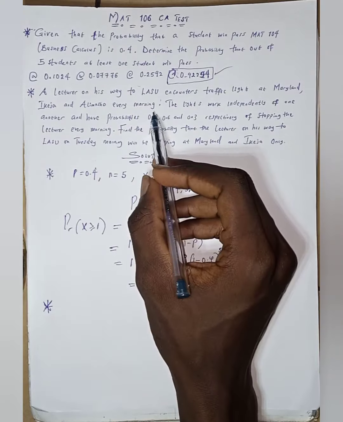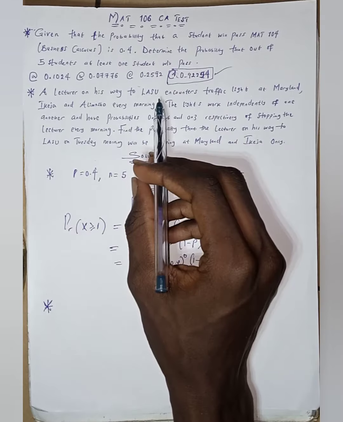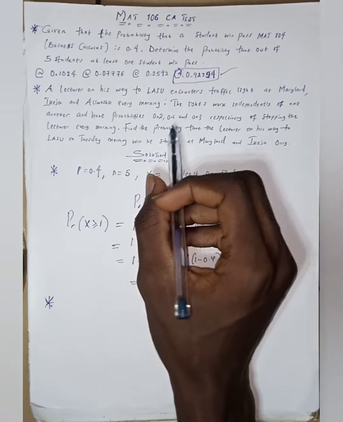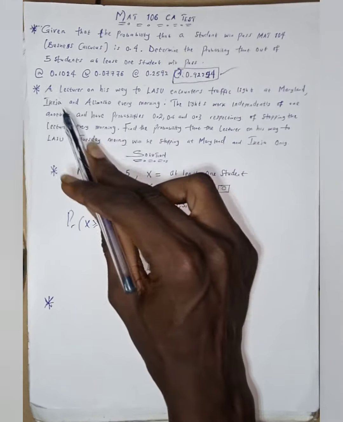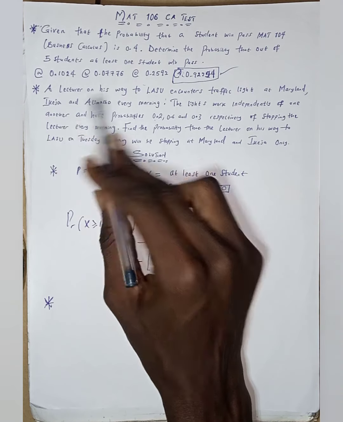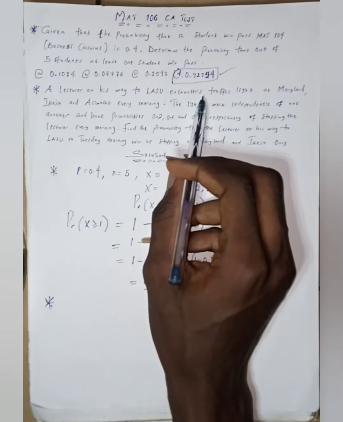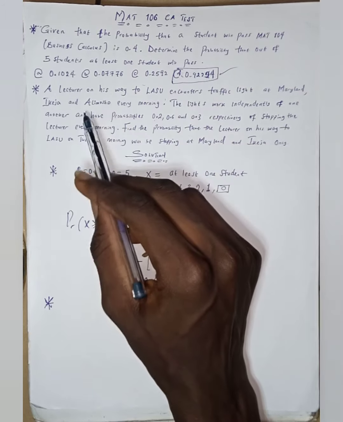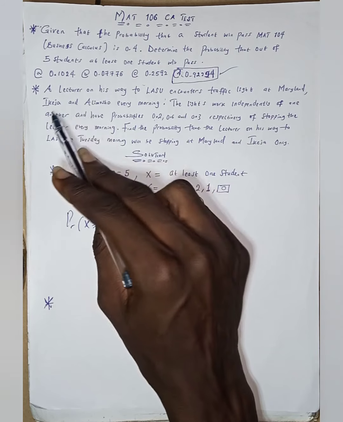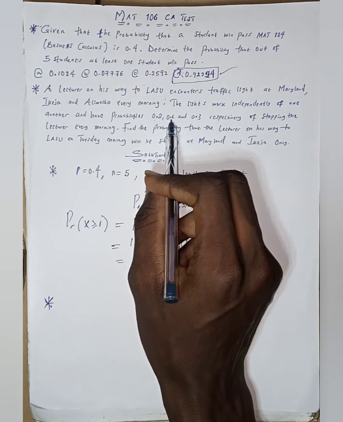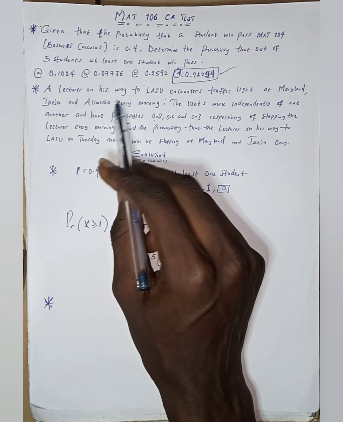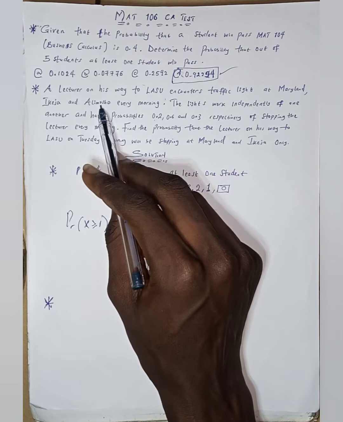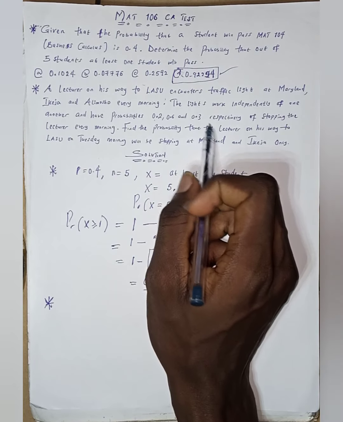The probability of encountering the traffic light at Maryland is 0.2, at Ikeja is 0.6, and the probability that he will encounter a traffic light at Alimosho is 0.3 respectively.